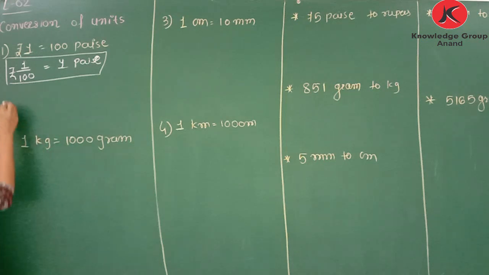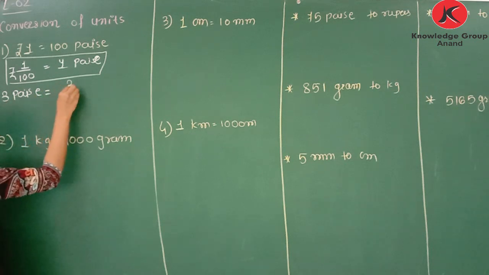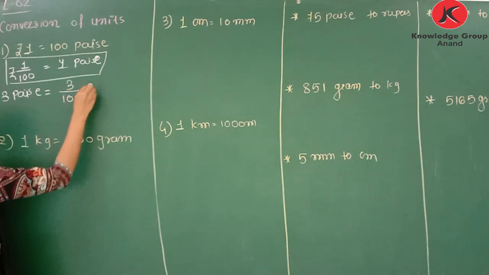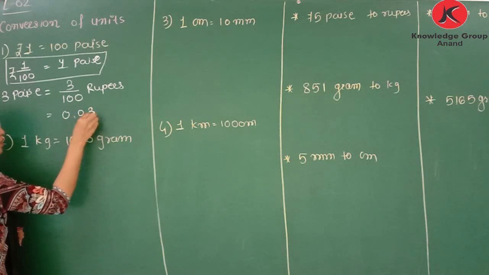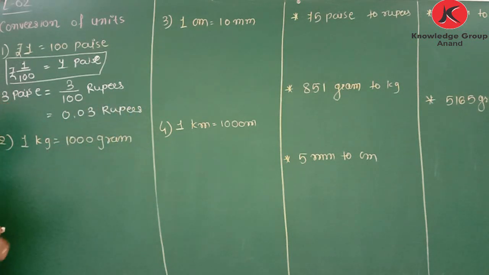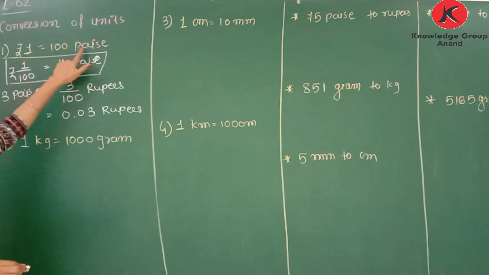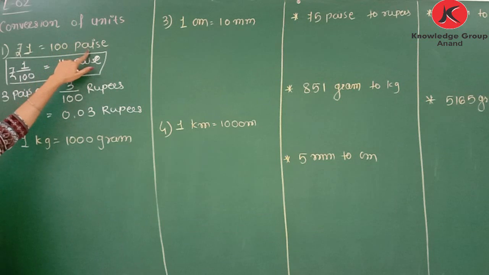Now for example, 3 paisa converted into rupees means you need to divide 3 by 100 rupees. Or in decimal you can write 0.03. Clear? If it is rupees into paisa, then 1 rupee is equal to 100 paisa, and 1 paisa is equal to 1 by 100 rupees.